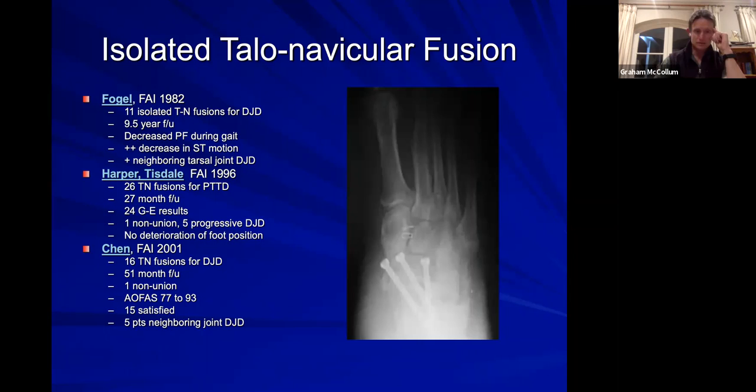But it's also a tricky joint to fuse because of the watershed of the navicular, not a great blood supply. Quite tricky to get fixation, like in this example here with 3 screws going in obliquely, and quite hard to get compression. You have to be meticulous with your joint preparation and use some autograft.